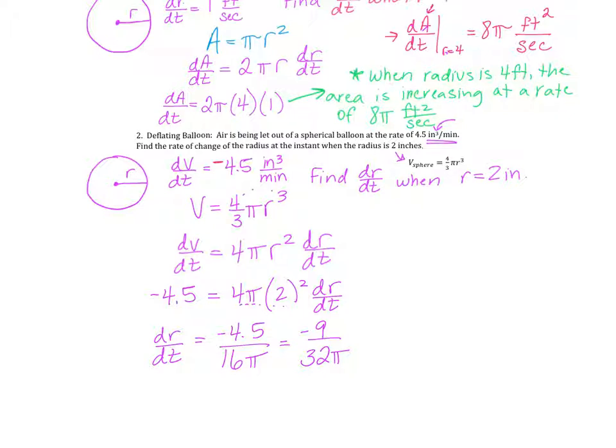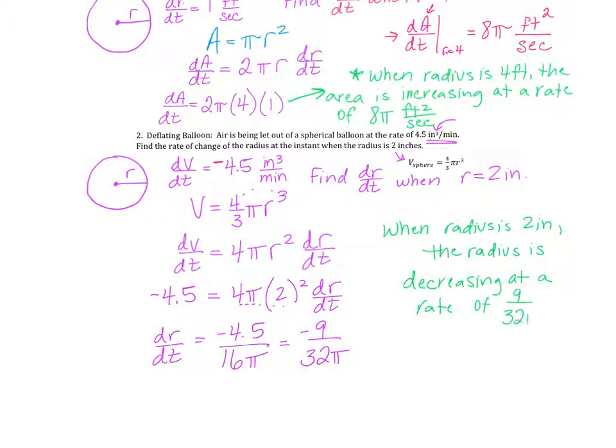Now let me write my answer if it were on free response. I would say when the radius is 2 inches, the radius is decreasing at a rate of 9 over 32 pi.